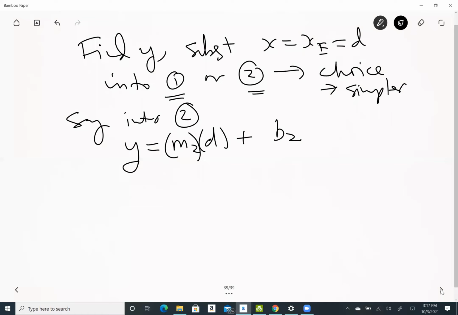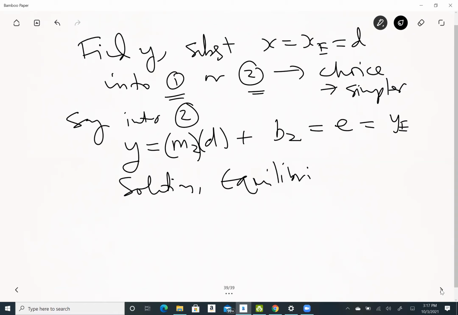So now you can find the value of Y. Y is M2 times D plus B2. So it's a constant, so call it E. So that is YE. So now you have the equilibrium point or the solution, equilibrium E, and that is XE, YE.